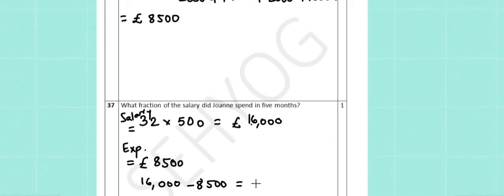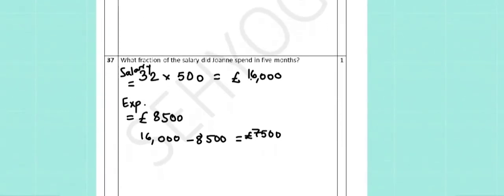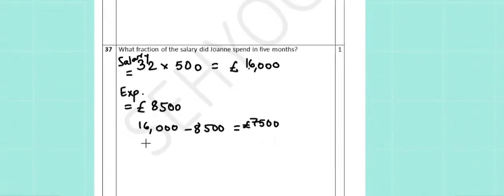savings. That gives us the expenses, 7,500 pounds. Alternatively, we can also count the number of coins under the column expenses and multiply by its value, that is 15 coins under expenses times 500 pounds, 7,500 pounds.